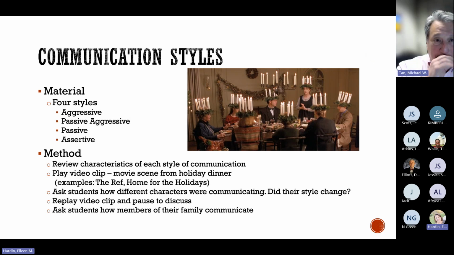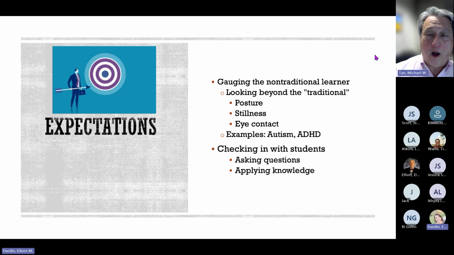Next slide, please. Actually, we're not going to get to this, unfortunately, because I want to have time for questions. And this really should be its own workshop. But engaging the non-traditional learner, because what I learned is that not everybody sits up straight in the classroom. Not everybody is going to make eye contact, but that doesn't mean that they aren't learning.